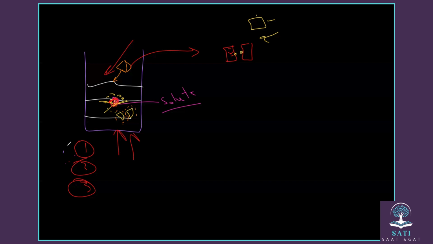So if we increase the contact surface between the molecules of solute and the molecules of solvent, we increase the rate of solubility. So we can increase it either by increasing the temperature, or by increasing the surface area, or by stirring. So this is solubility, and this is how we can increase it.